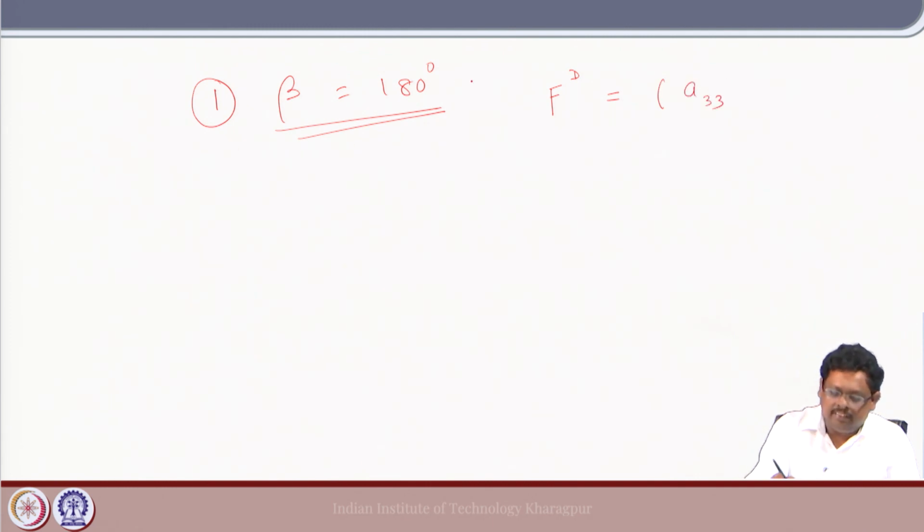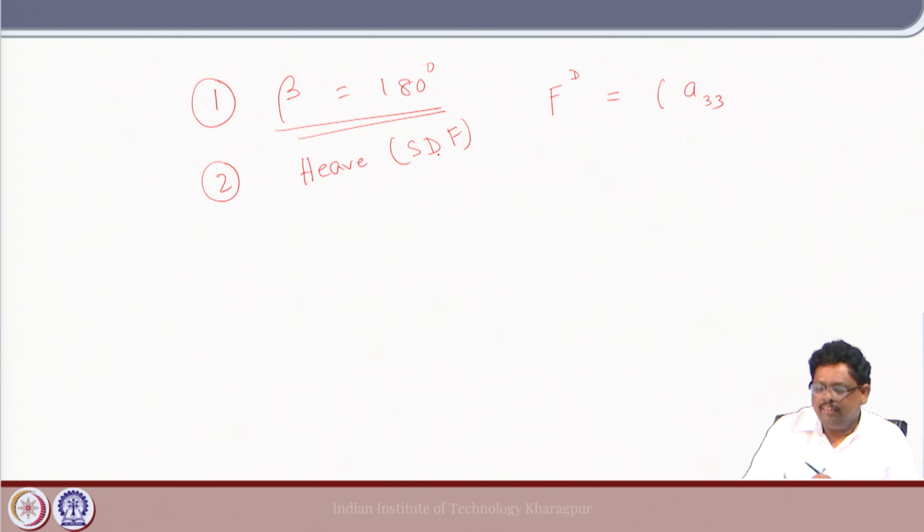Now you see that. The second point is that you consider only the heave, so it is a single degree of freedom, only heave. Then in that case FD3 you can figure out in terms of A33 and B33. Then how do you get this A33 and B33? You can get it through some kind of chart.